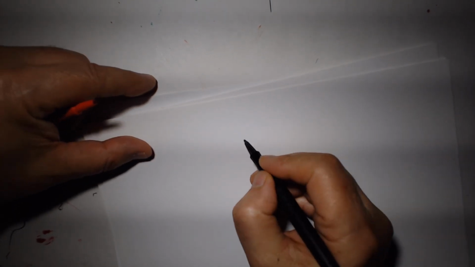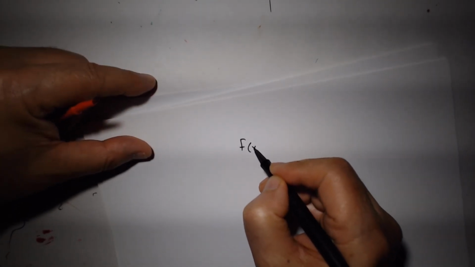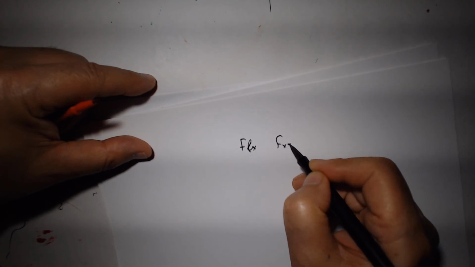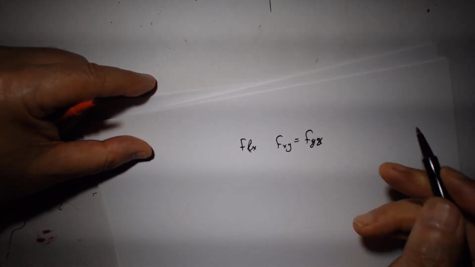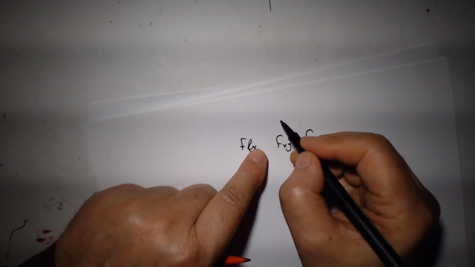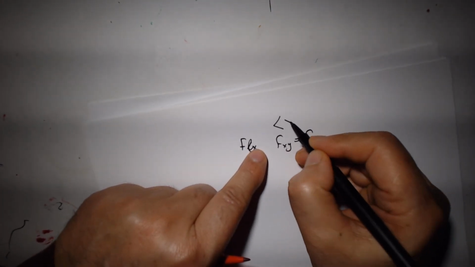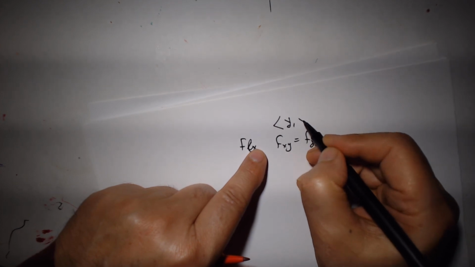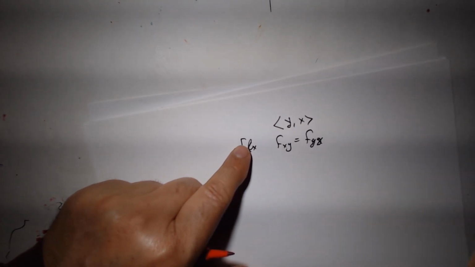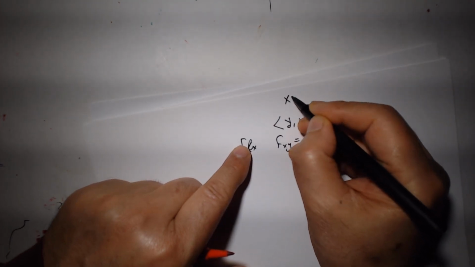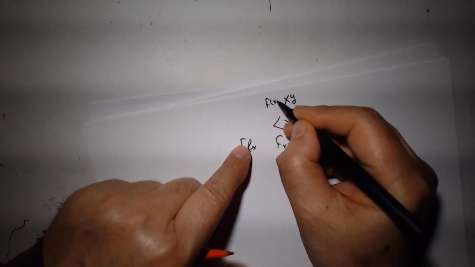The only reason they can become equal to each other, meaning f of xy becomes equal to f of yx, is if your vector field is a gradient. Not all vector fields are gradients. Which ones are? The ones that have a potential function.